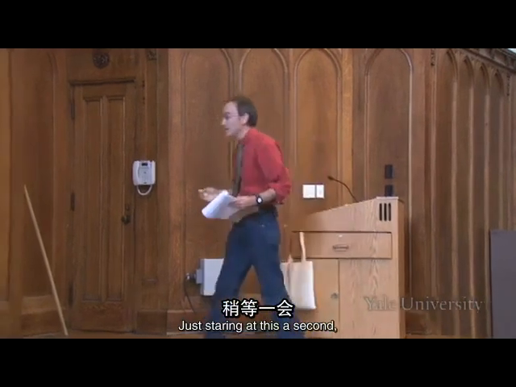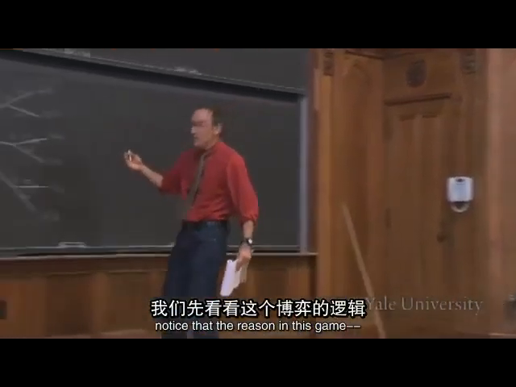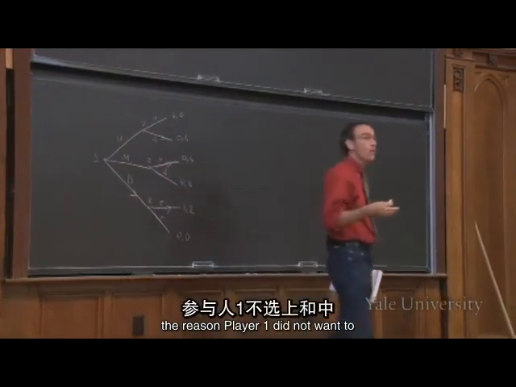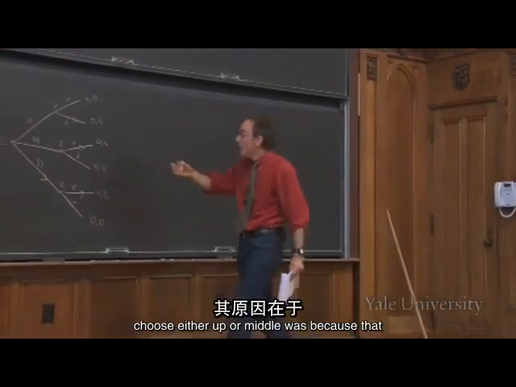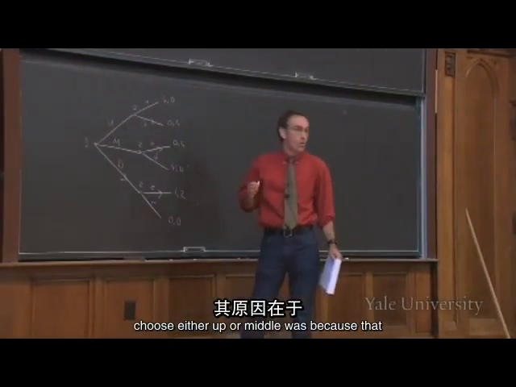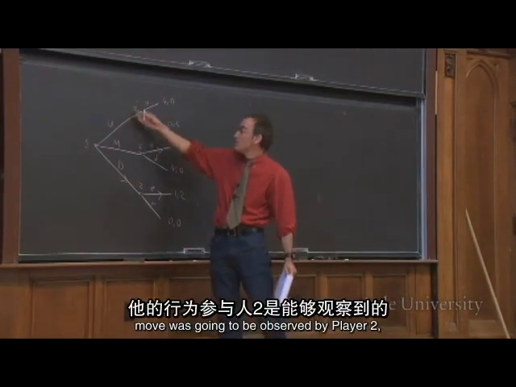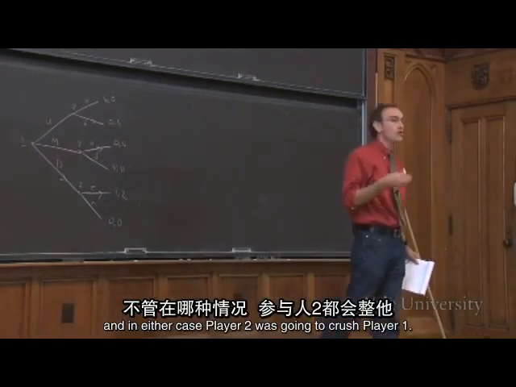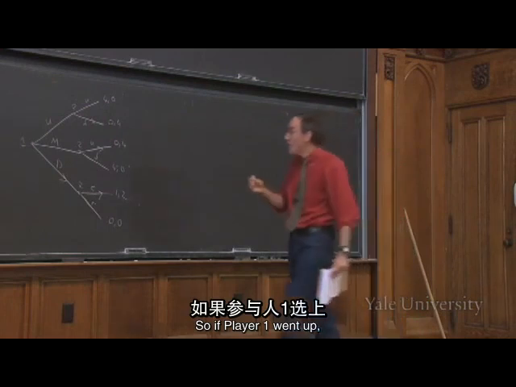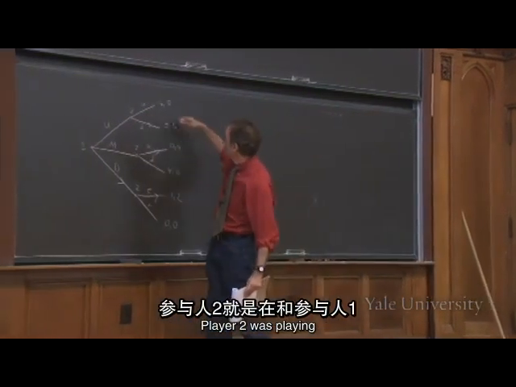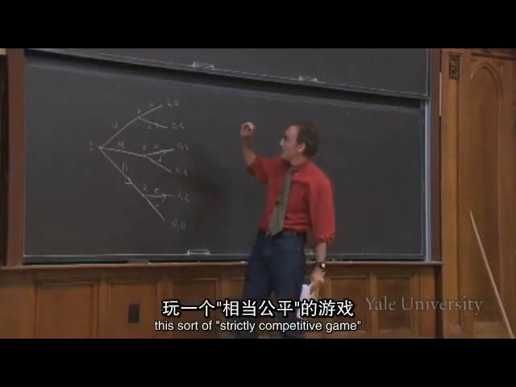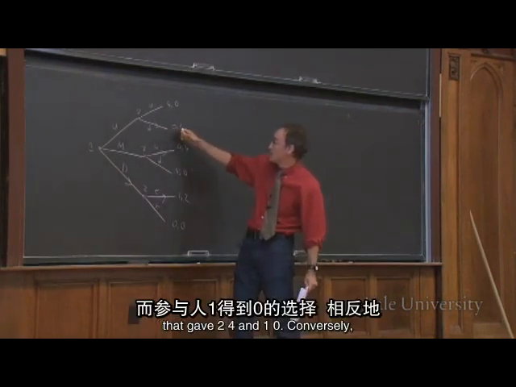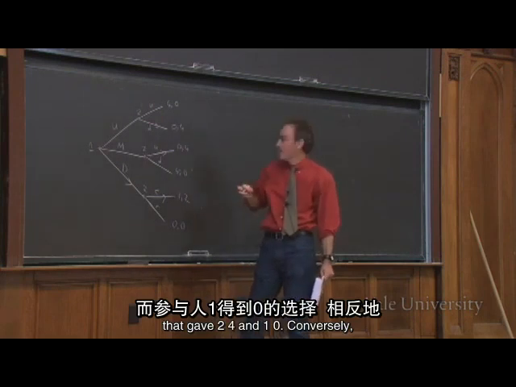Taking a step back from backward induction for a second, the reason player 1 did not want to choose either up or middle was because that move was going to be observed by player 2, and in either case, player 2 was going to crush player 1. If player 1 went up, player 2 was playing a strictly competitive game with player 1, and could make a choice that gave 4 and 0.